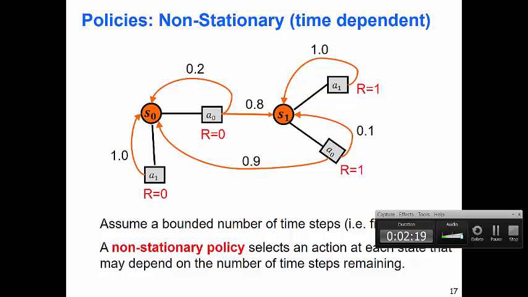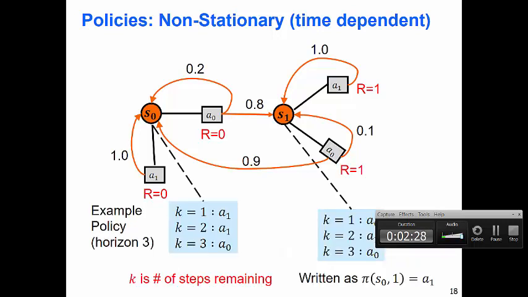So for every time to live and state, we assign an action. That's what a non-stationary policy is. And this is an example. If there's only one time step to live and we're in S0, this policy says we're going to take A1. If there's three time steps to live and we're in S0, then the policy says we're going to take A0.